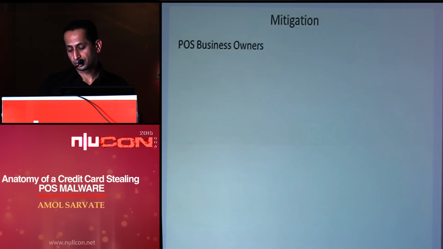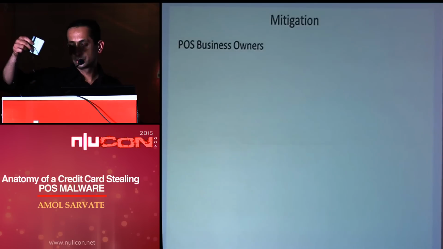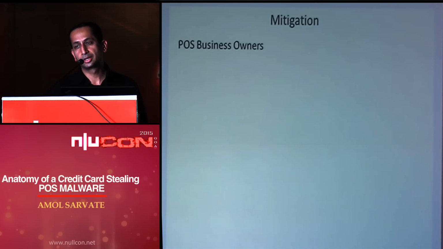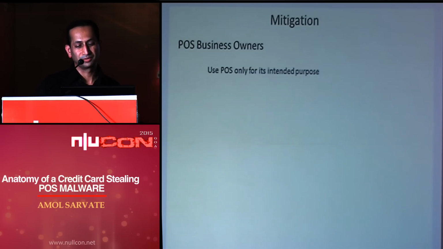So mitigation. What can we do to protect against such attacks? Well, the POS business owners can do a lot, or actually they are the only people who can do most of the things. Use POS only for the intended purpose.